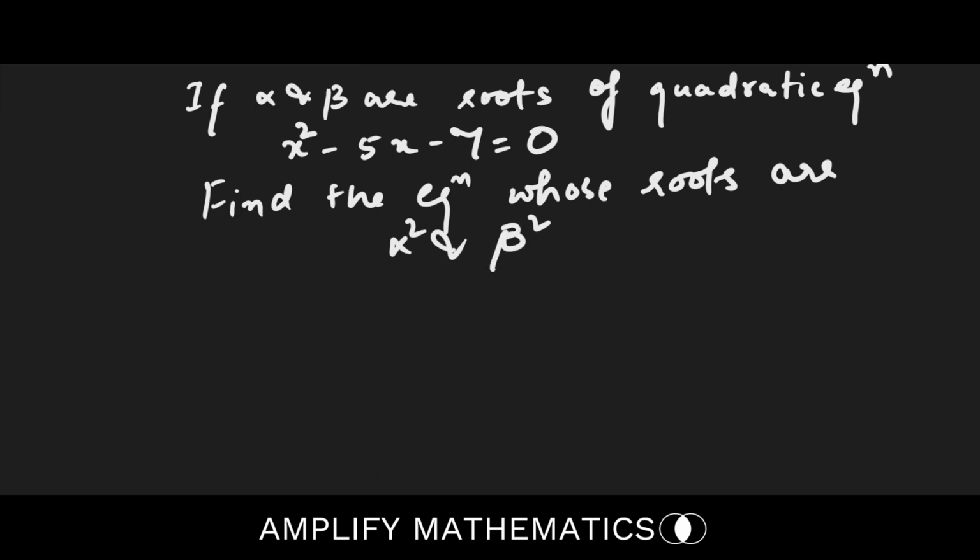Since we have established the relationship between the roots and the coefficients of a quadratic equation, we can solve this problem without even finding out the roots of the equation.